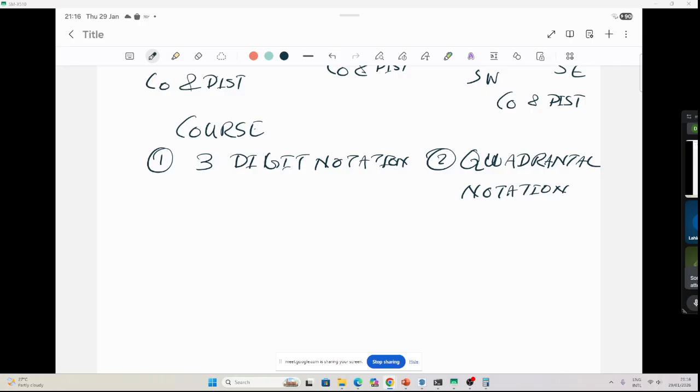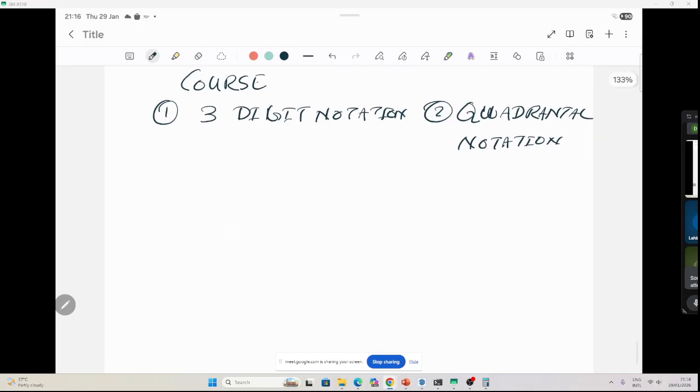For example, your course in 3-digit notation is always measured from north towards clockwise direction. Are we clear? So in 3-digit notation, you always measure the course from true north, clockwise.